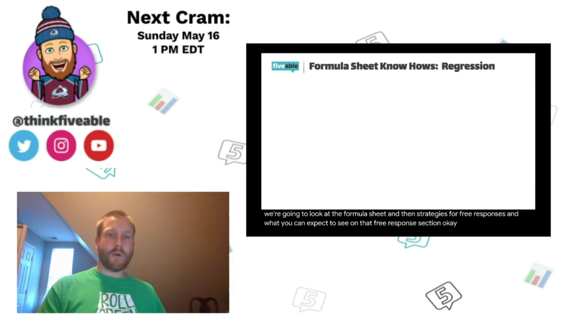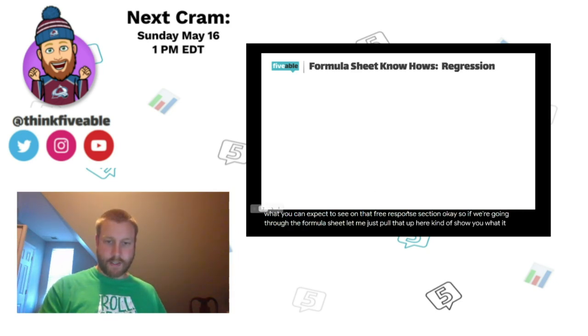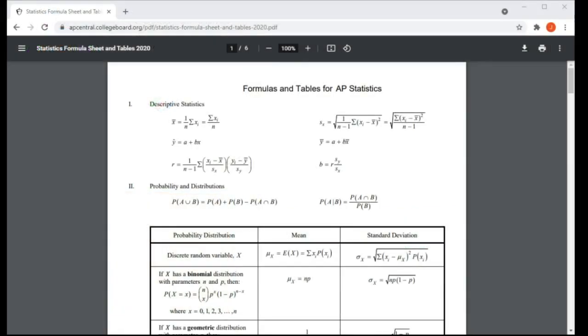Okay, so if we're going through the formula sheet, let me just pull that up here to show you what it looks like. I'm a little bit nervous about swapping scenes after the issue that we had. Okay, I think it did that just fine. So if you're looking at the formula sheet, this is the one that was published online for last year. It's the same. It might have some more graphics to it, but it's going to be the same layout.